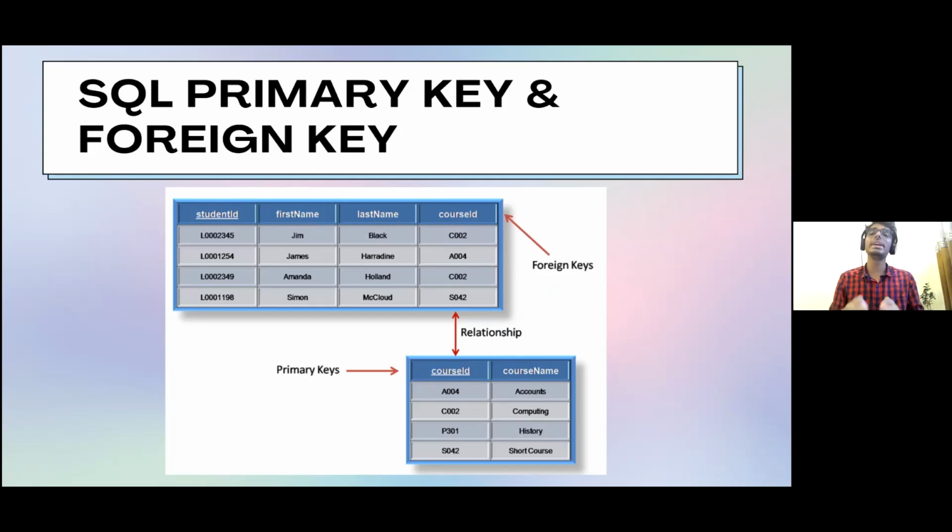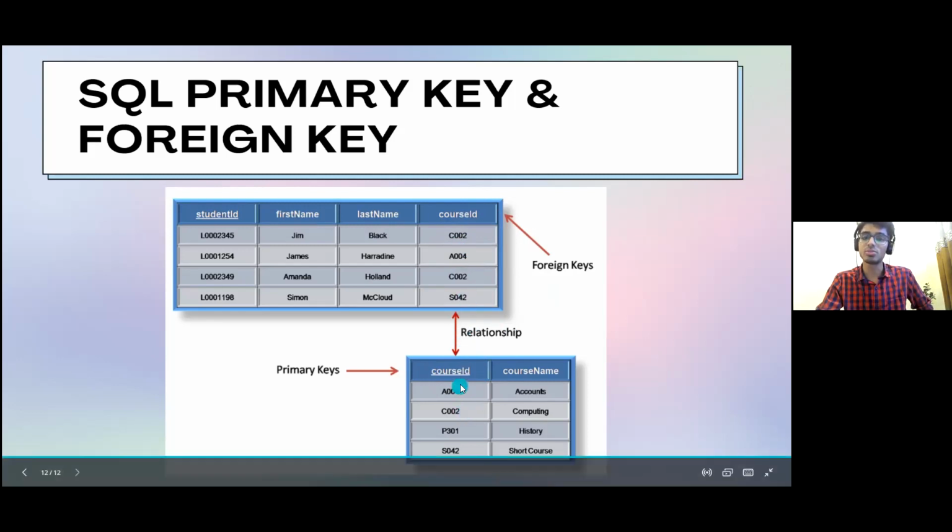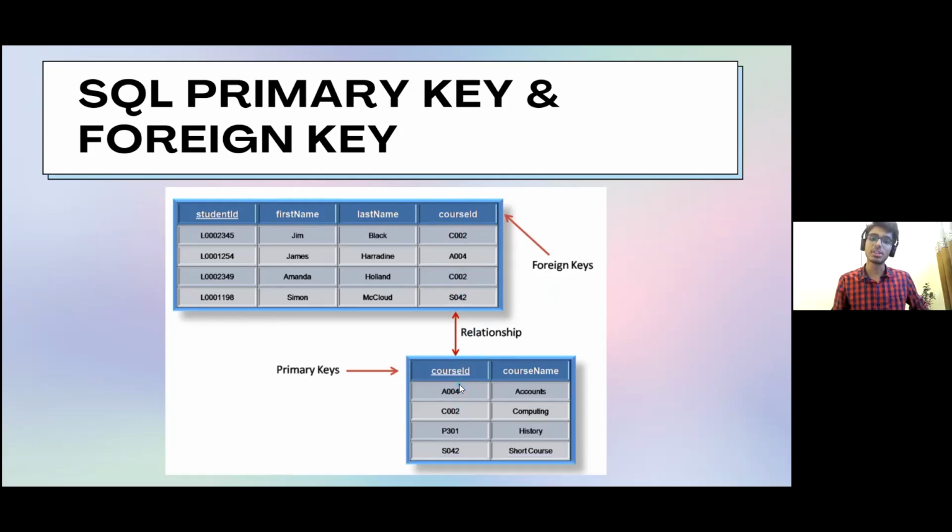You are providing keys to access the details. So these are the primary key and these are the foreign key. It's just a relation, nothing else. It's just a relation which we have between two tables, so that we can get all the data from these particular tables.